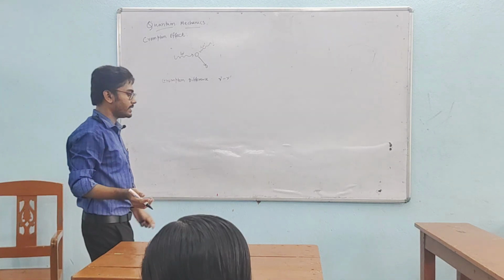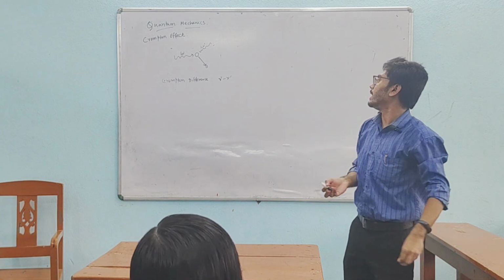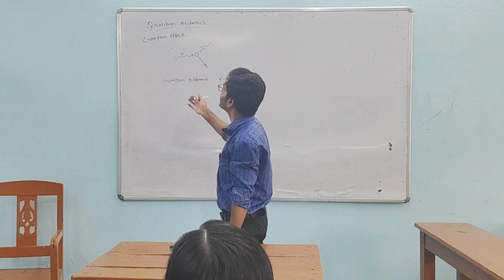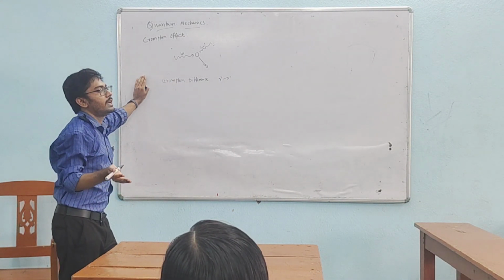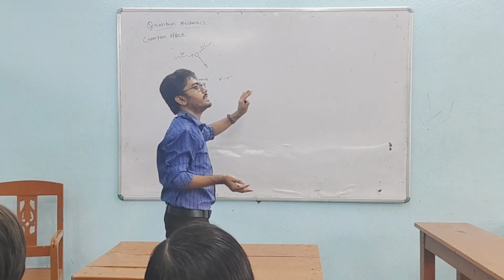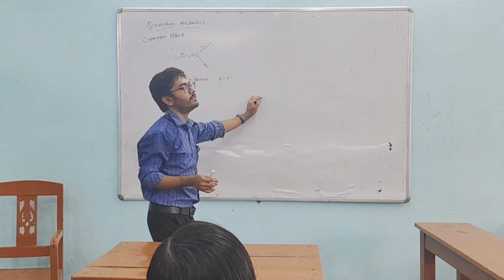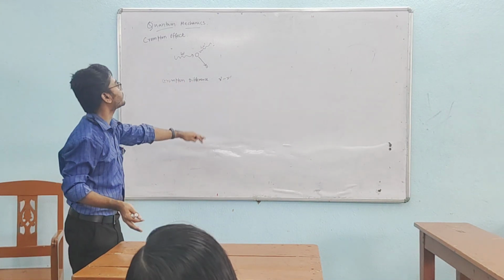Again, let's understand the difference between the photoelectric effect and the Compton effect. What happens in the photoelectric effect? A photon falls on the material and an electron is ejected. So there is no scattering of the photon.